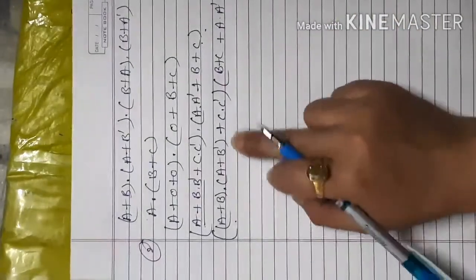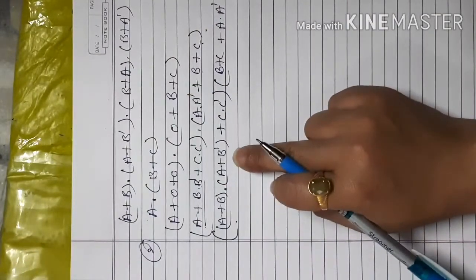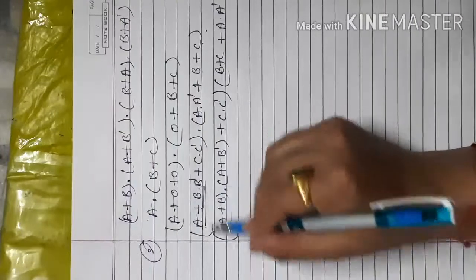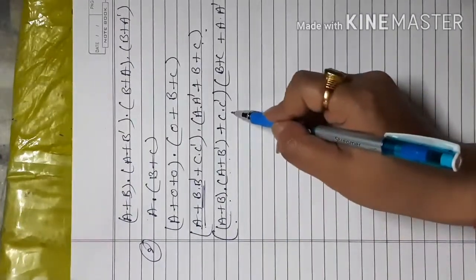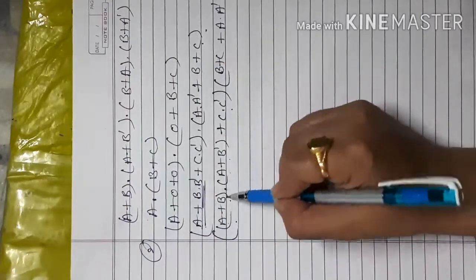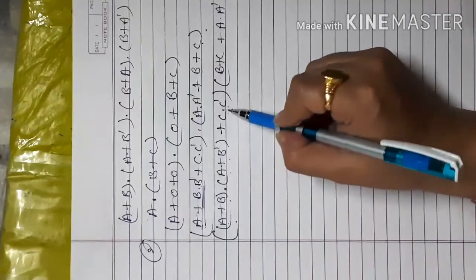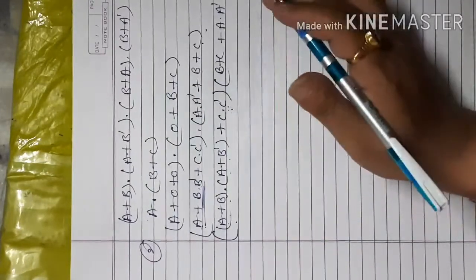Here when you are going to open, there are two terms. How will you open there? When you apply it here, A plus B complement, now there is one more term. So what will you do? First you go with A plus B with this term, C and C complement. Then you go with A plus B complement with C and C complement.